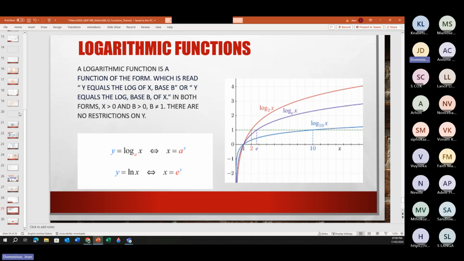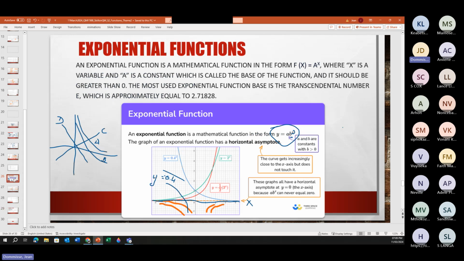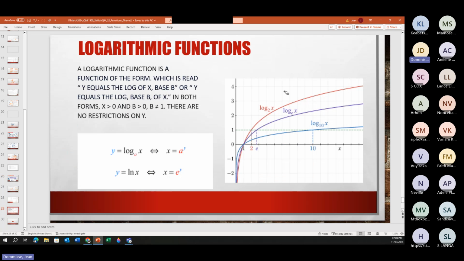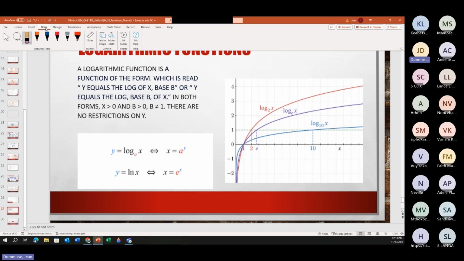So that is nearly the two differences between these. The exponential one will never cross the x-axis, and the log function looks a bit different, and it goes along this line.